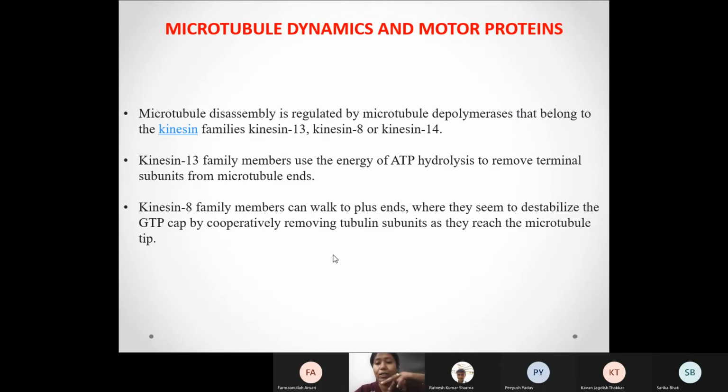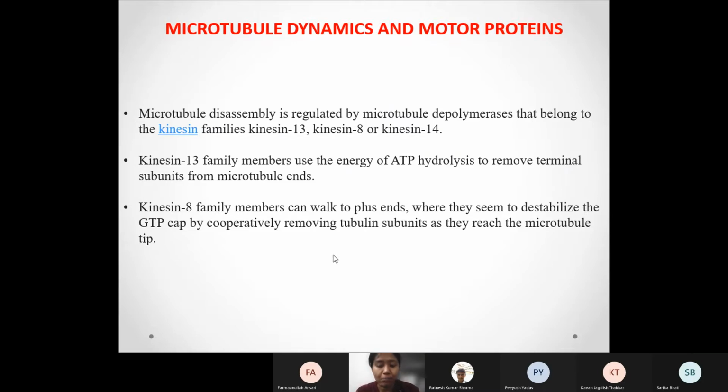There are interactions occurring between the amino acid side chains of this motor protein kinesin and the amino acid side chains present on the microtubule, right? So there is a conformational change every time it steps, and the steps are released. So there are certain things happening on the microtubule too, and that can also destabilize the microtubule.